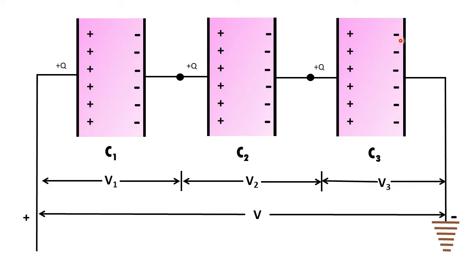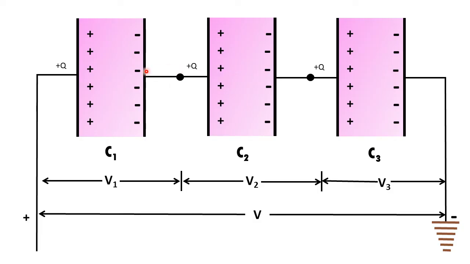This minus Q charge repels equal number of electrons from the first plate of third capacitor, and these electrons enter in second plate of second capacitor, and the same process is repeated here. These electrons repel equal number of electrons from the first plate of second capacitor.